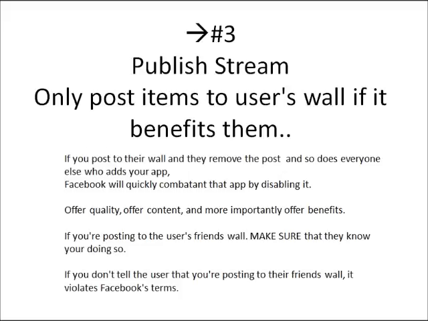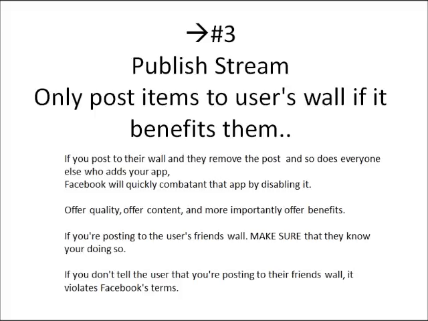Number three, publish stream. This is basically about a wall post, a friend post, or page post. Only post items to the user's wall if it benefits them. This is almost the same as rule number one, but a little bit different. If you post to their wall and they remove the post, and so does everyone else who adds your app, Facebook will completely go all out on you and disable your app.